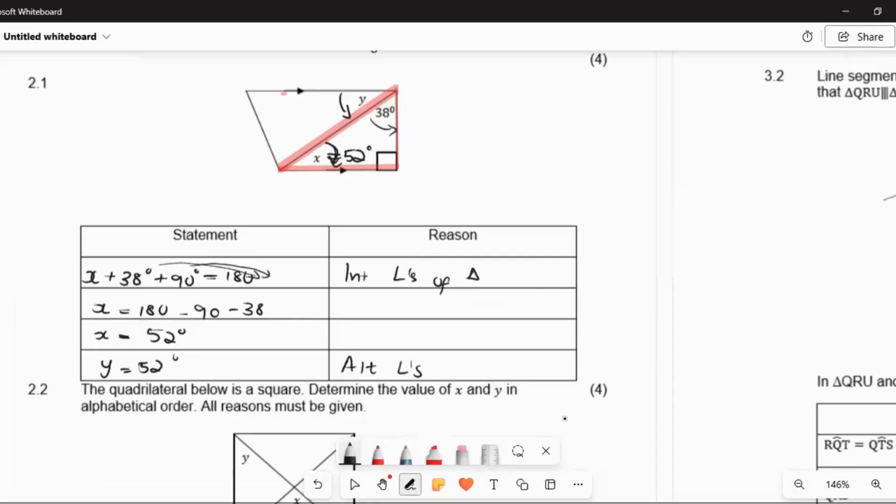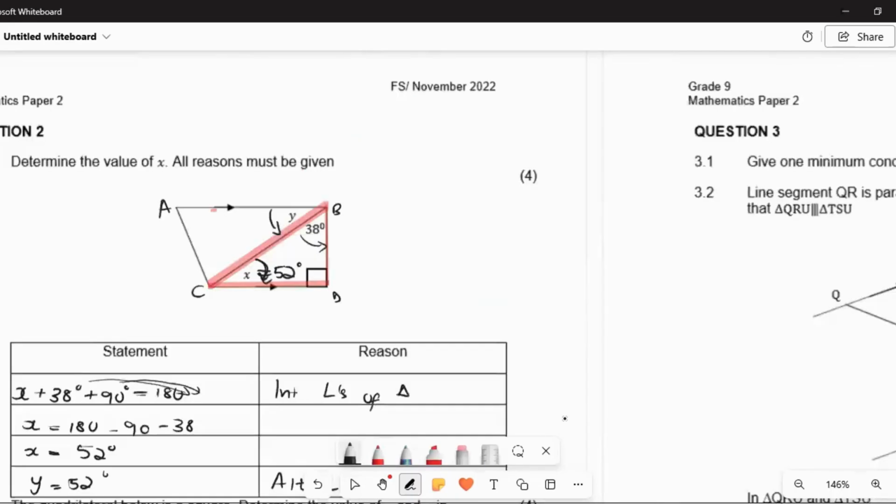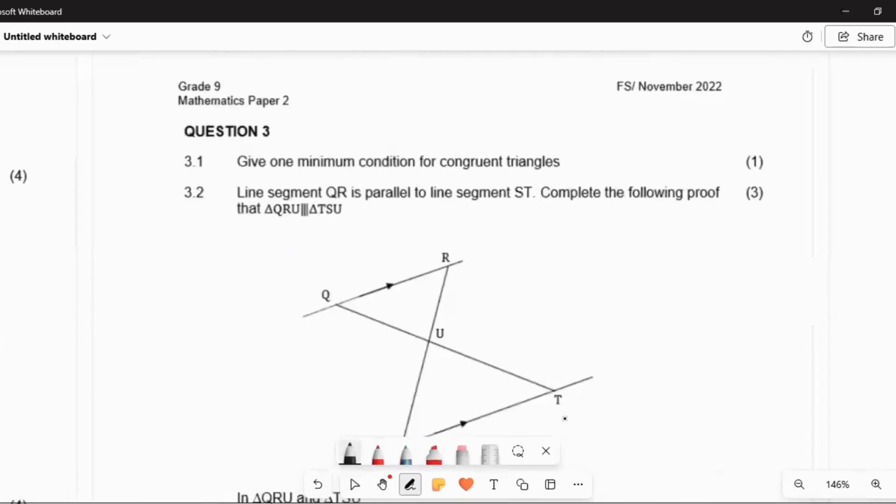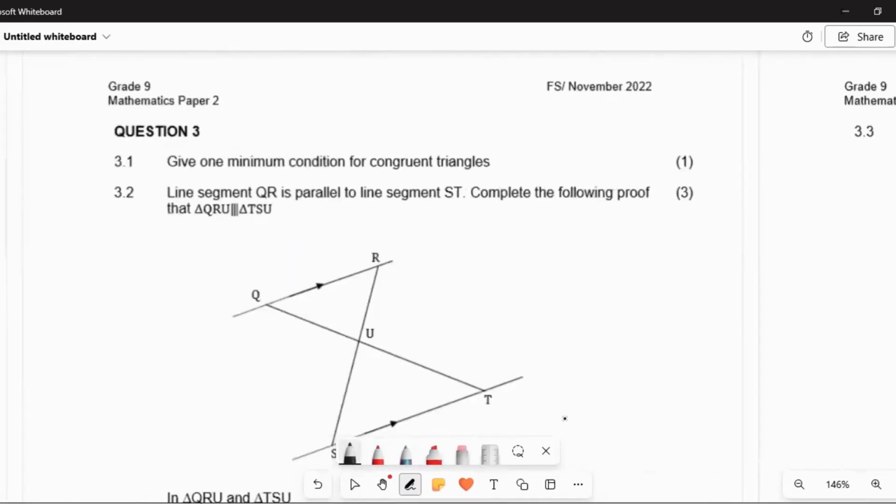Why are they alternating? In this case, we can't say much because they did not say this is AB and this is CD. If they had said that, then we would say because AB is parallel to CD. But in this case, they did not say anything about that. Okay?